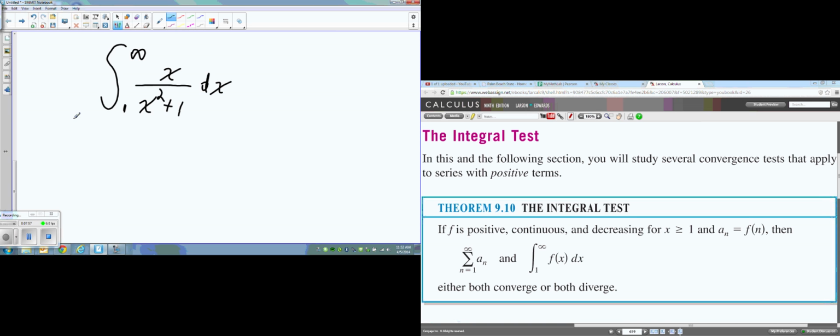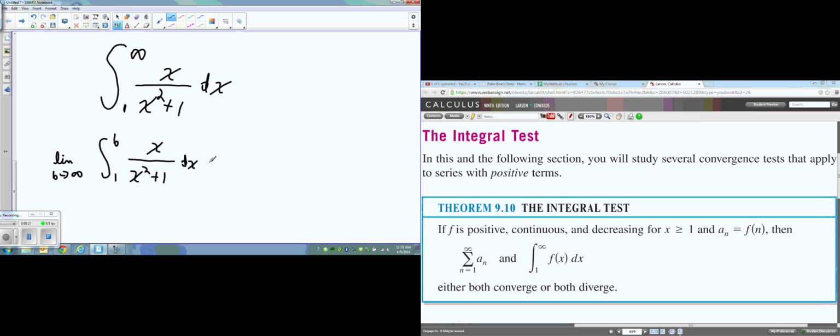Now, by definition, this is an improper integral, and it's equal to the limit as b approaches infinity of the integral from 1 to b of x over x squared plus 1 dx.